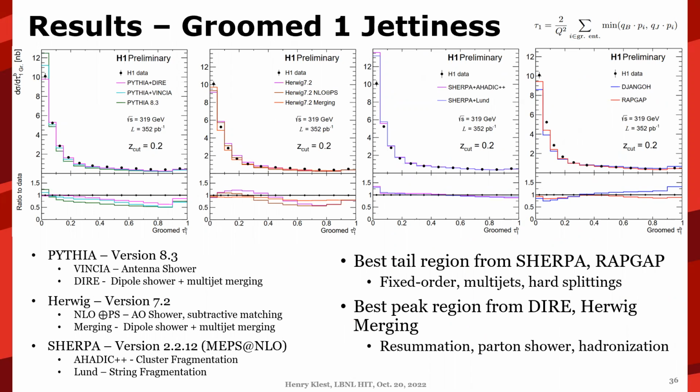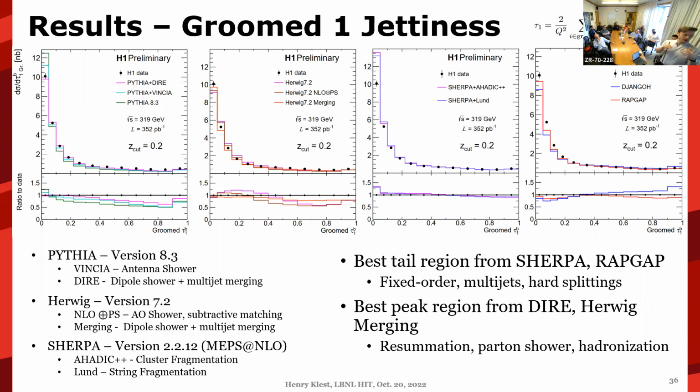Right. So that's a fantastic question. I can speak only for Sherpa, because they're the people who have been interacting with us the most on this. They went into their model and tuned the way the beam remnant cluster is treated, and they sent us a distribution where basically it agrees perfectly with the groomed jettiness.